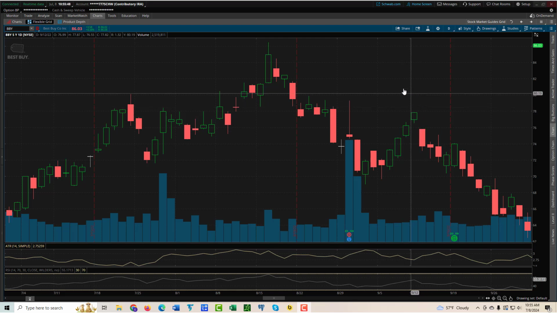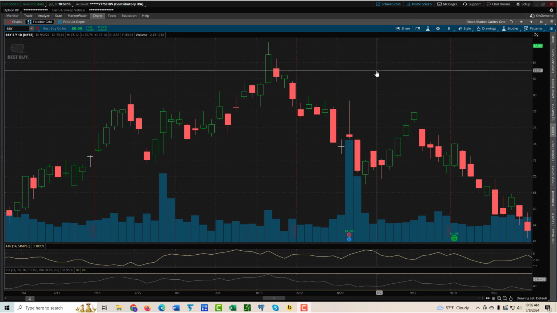So the head itself is the highest peak on this chart pattern, but then the shoulder on one side is designated by the peak on that side, and on the other side it's designated by the peak. And so I would look at this chart and say, okay, this is one shoulder, this is the head, and this is the other shoulder, each a respective peak with the head being the highest peak.